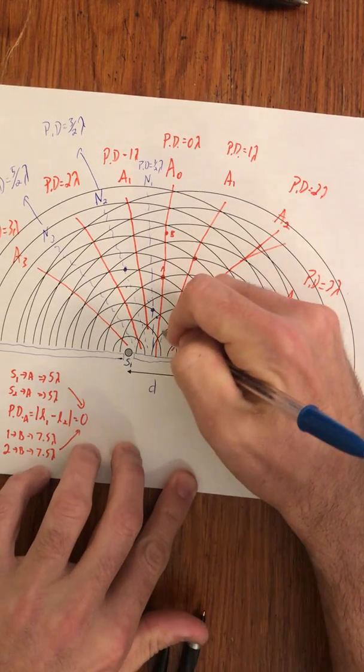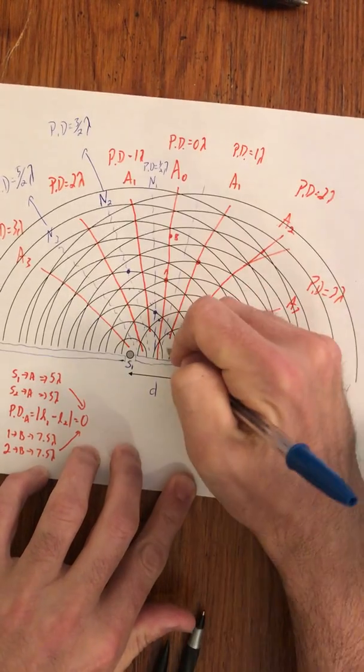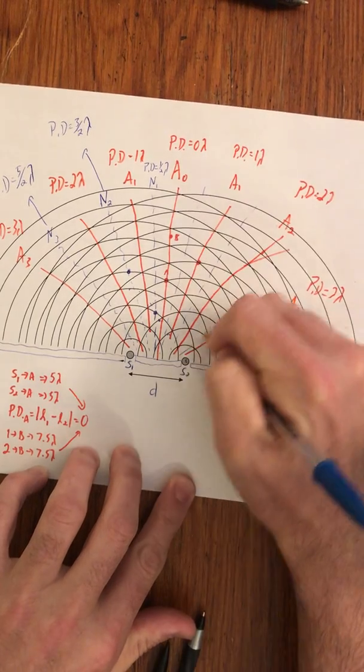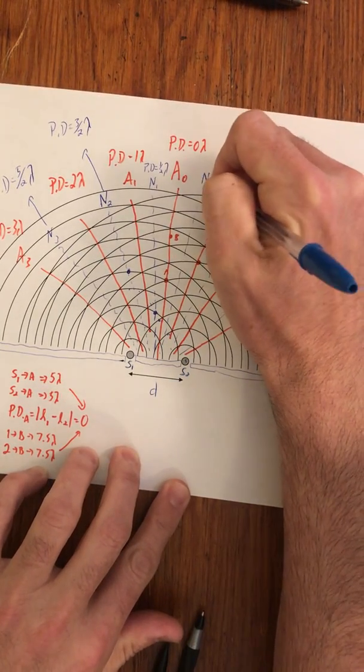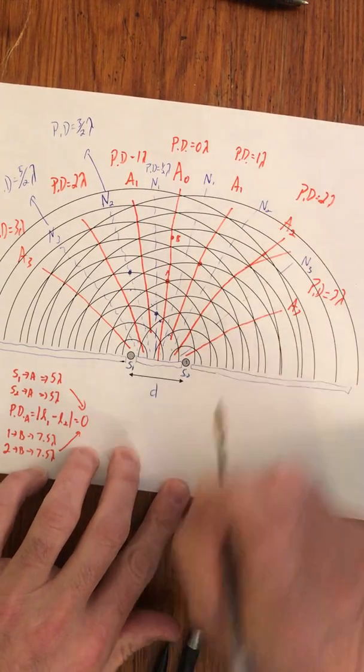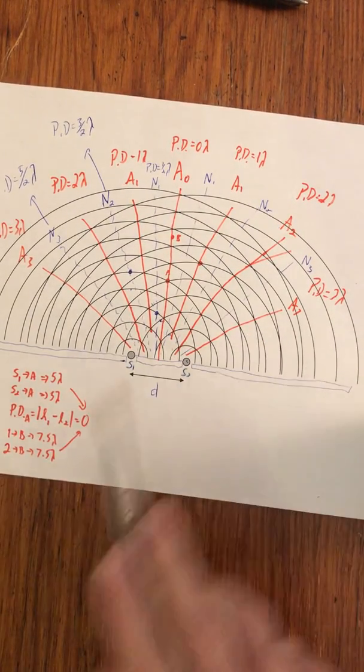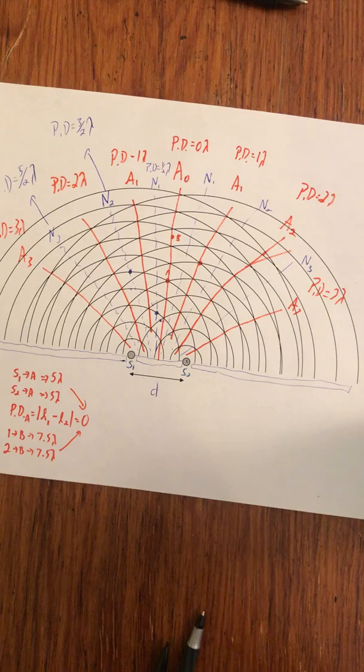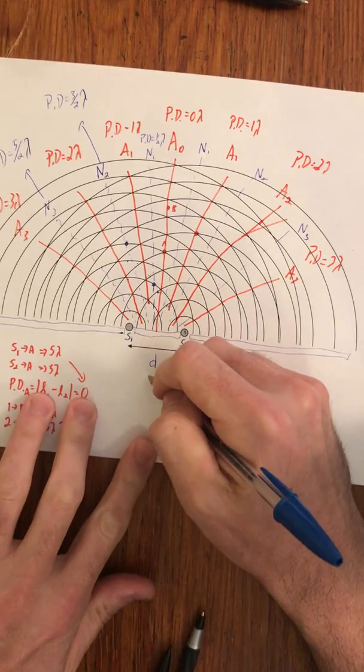And that's always the pattern. And I can obviously do the symmetrical points over on this side. So N1, N2, N3. The condition for any N3 line is that the path difference is 5/2 of a wavelength. So what seems to be happening here?